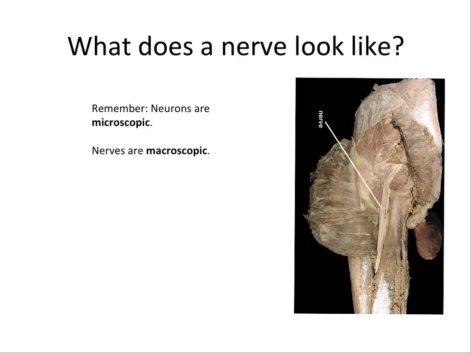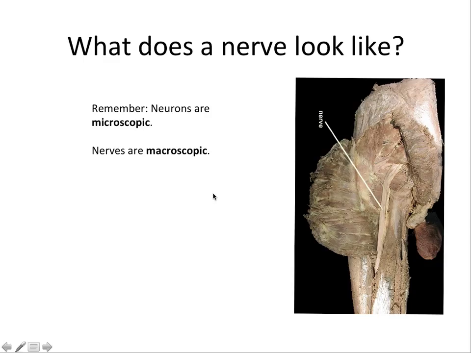Now remember, because the nomenclature can get quite confusing, neurons are microscopic and nerves are macroscopic. So nerves you can see with the naked eye, neurons you can't. You can only see them with a microscope. So here's the sciatic nerve, and it's the largest nerve in the body.